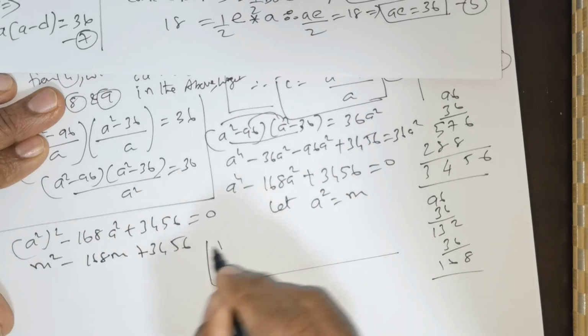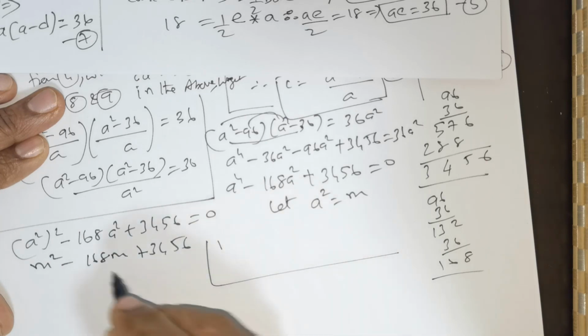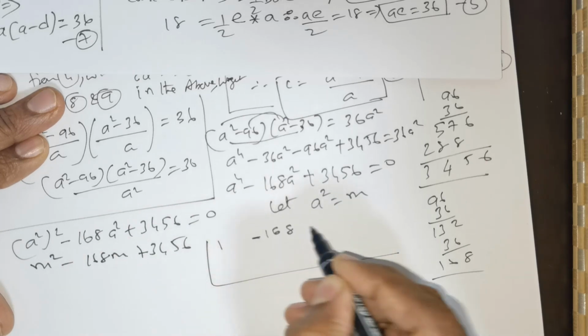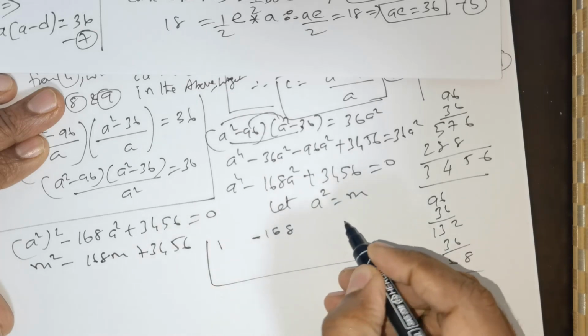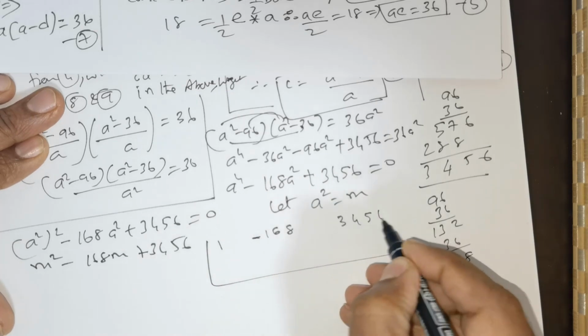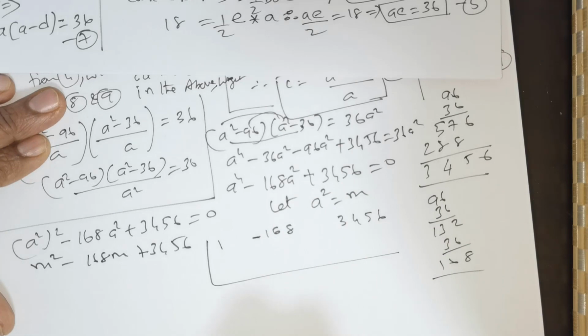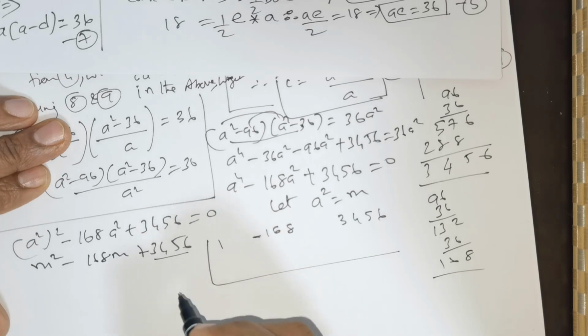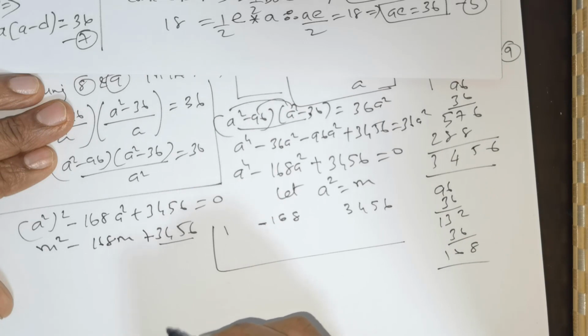From synthetic division, the coefficient of M squared is 1, the coefficient of M is negative 168, and the constant term is 3456. Now we have to find all the factors of 3456. I want to use trial and error.